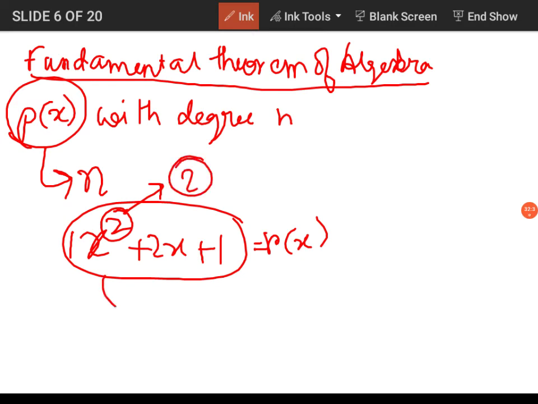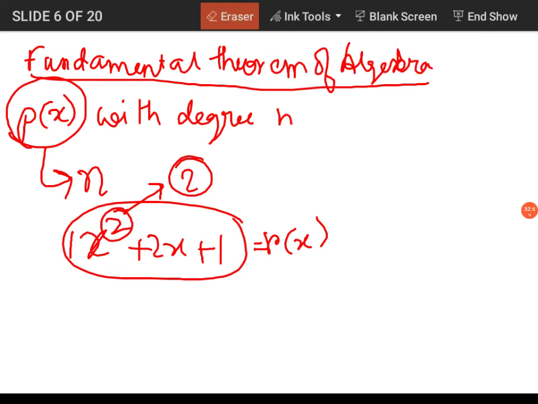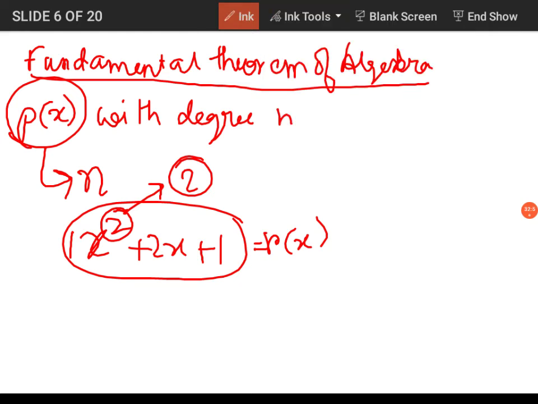Correct? And here it will be plus minus 1, that is one root is 1, another root is minus 1. You can find it with Sridhar's formula, right, that I discussed in the basic math.